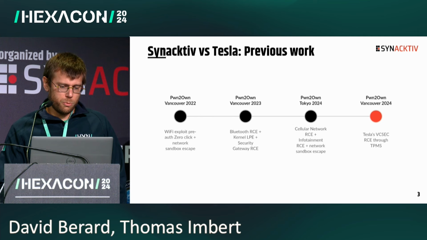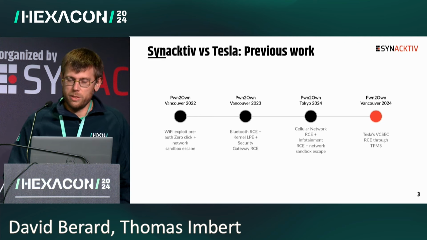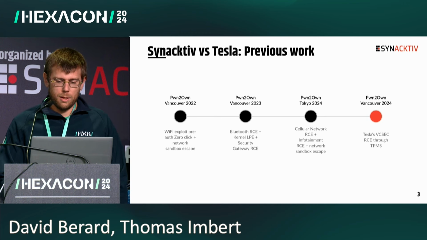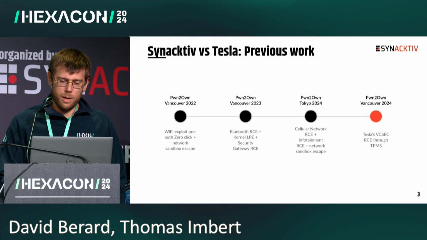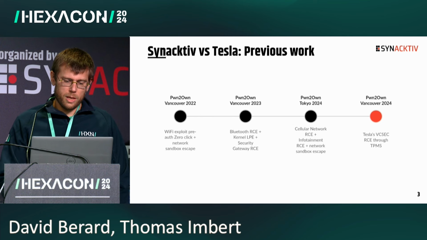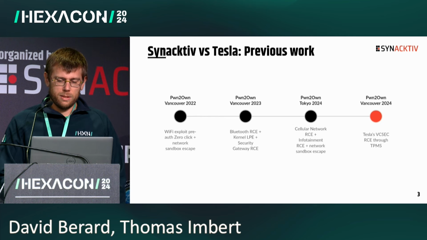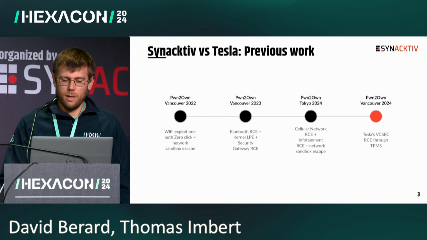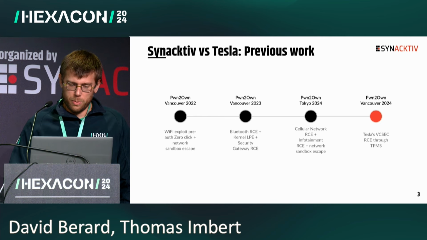In 2023, we did a Bluetooth one-click RCE chain with a Linux kernel LPE and a security gateway ECU RCE. In January, we exploited the cellular connectivity card of the Tesla Model 3, and we chained this vulnerability with an RCE on the infotainment and a sandbox escape.